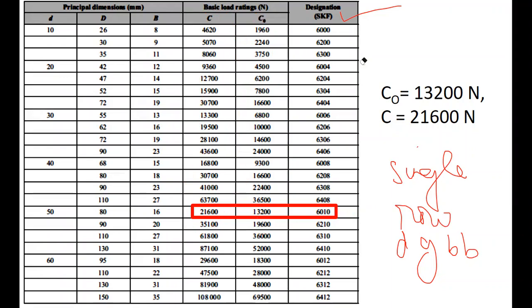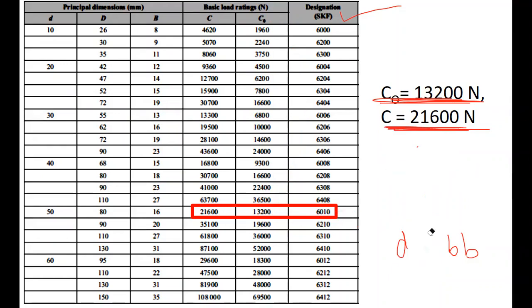In front of 6010, our CO value is 13200, while our C value is 21600 Newton. So we found out CO, we found out C.